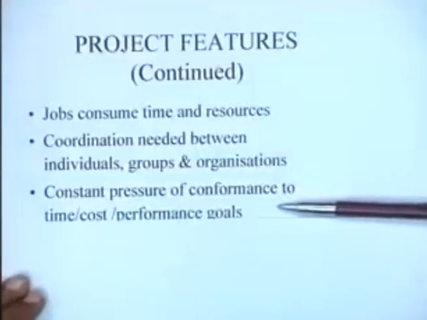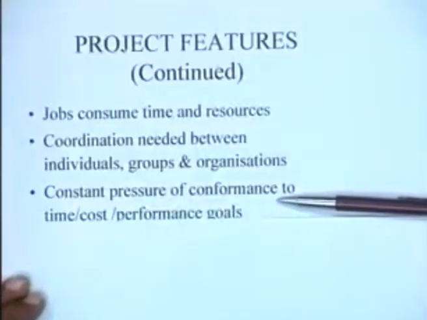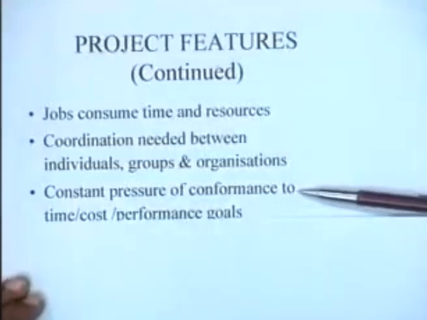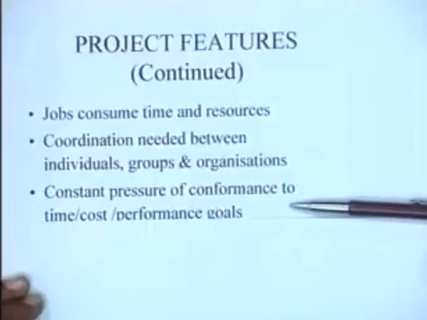One of the key things in project management is the constant pressure of conformance to time, cost and performance goals. Projects have to be done in time, within the cost or at as minimum a cost as possible, and you have to make sure that all the specifications required for the completion of the individual activities are adhered to.